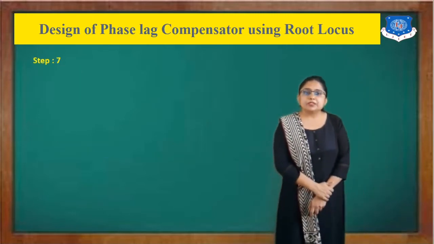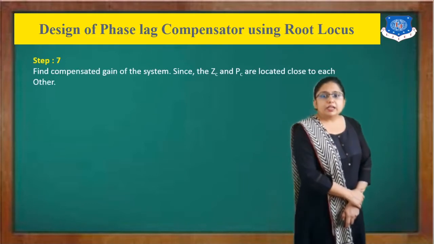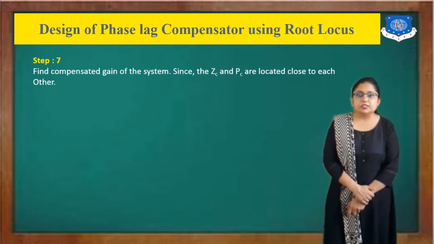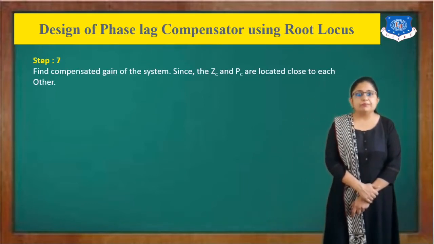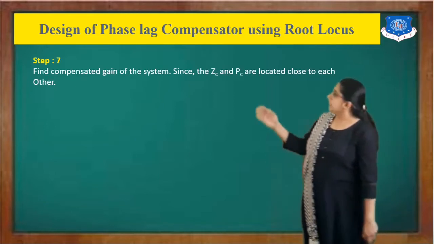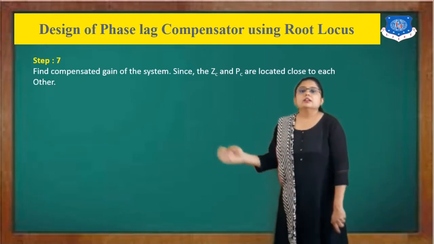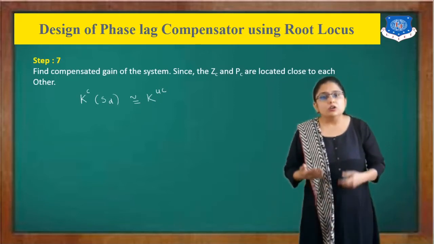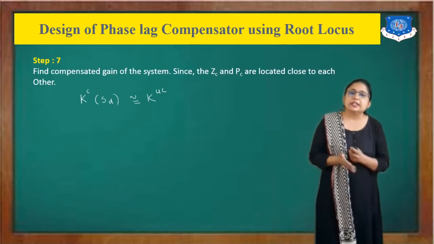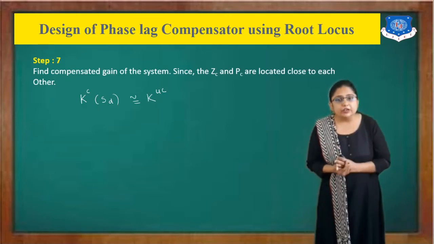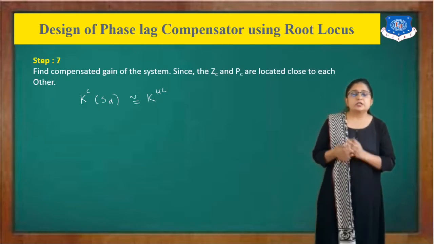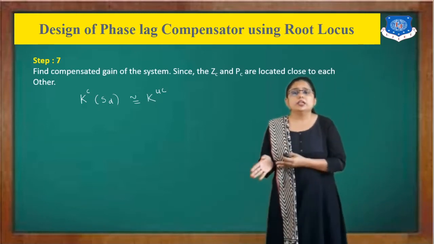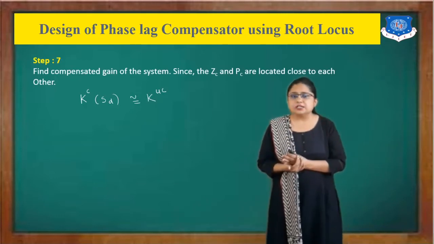Now, step number 7, that is to find the compensated gain of the system, since ZC and PC are located near to each other. Then how can we get KCSD? It is almost equal to KUC, that is, the gain of the uncompensated system is almost equal to the gain of the compensated system.